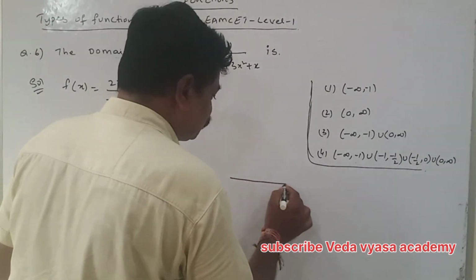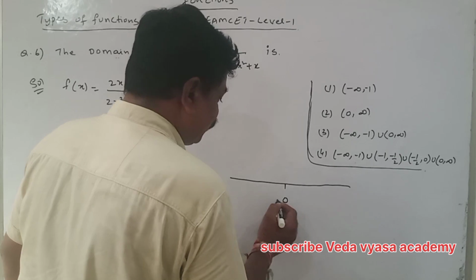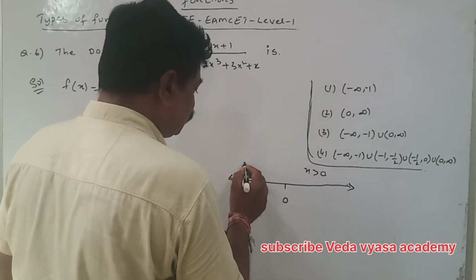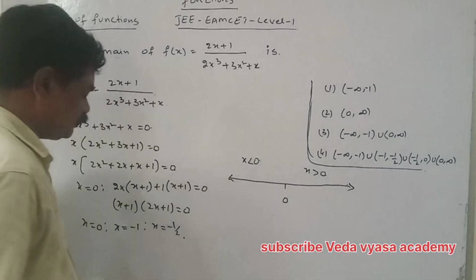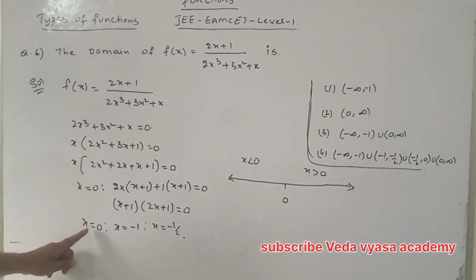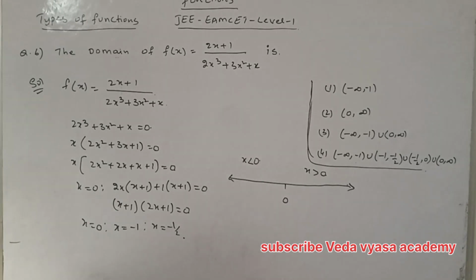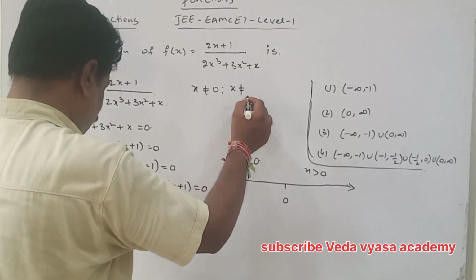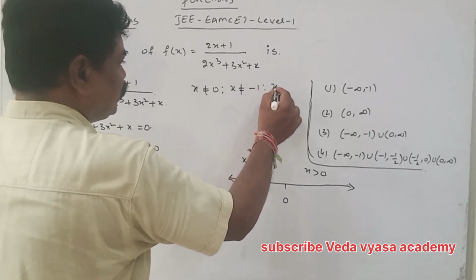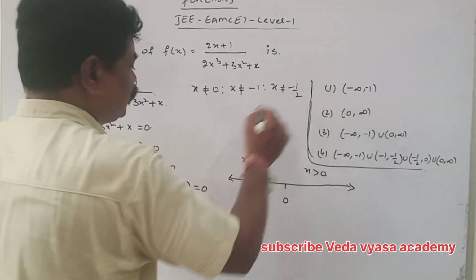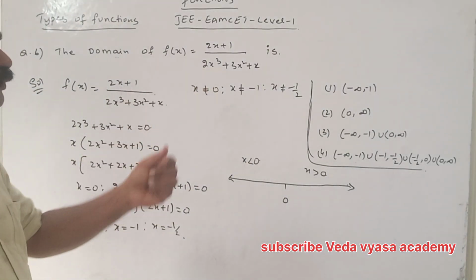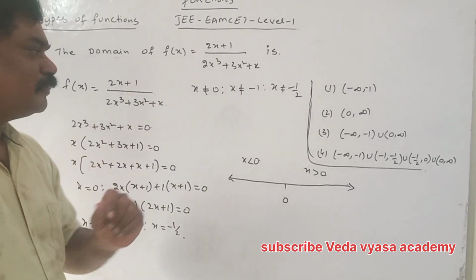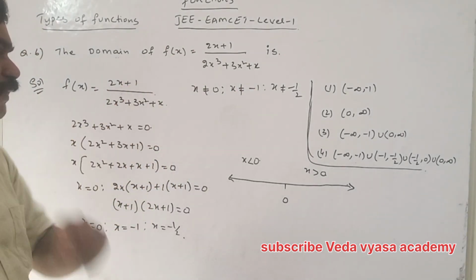So you observe the number line, 0, x greater than 0 and x less than 0. x does not take the value 0, so x not equal to 0, x not equal to minus 1, and x not equal to minus 1 by 2. If you give these values to the denominator, it becomes 0 and the function is not defined.